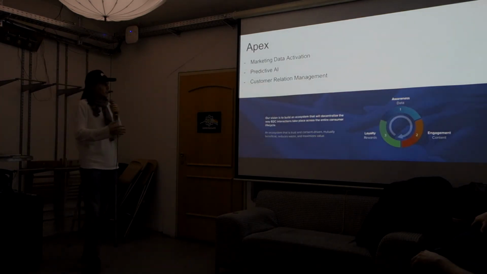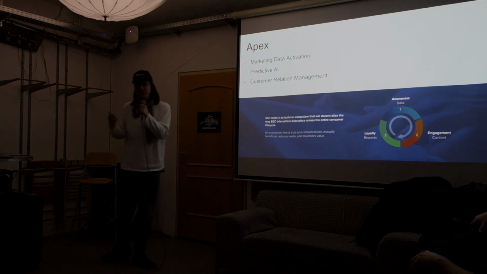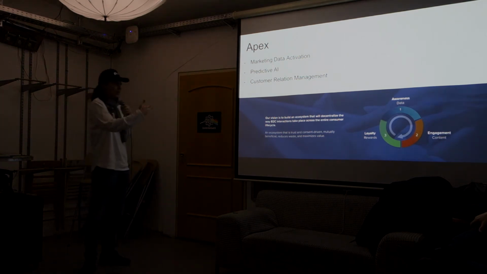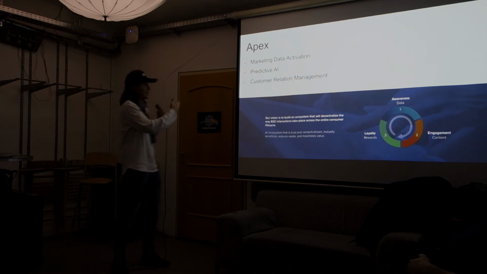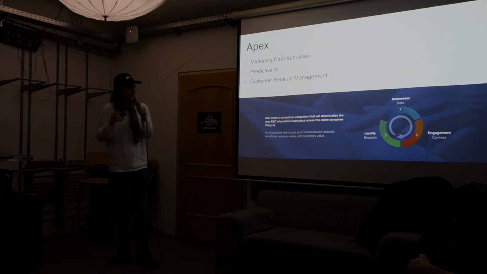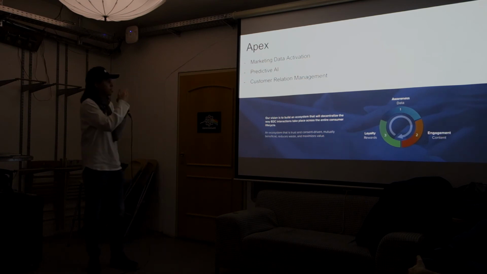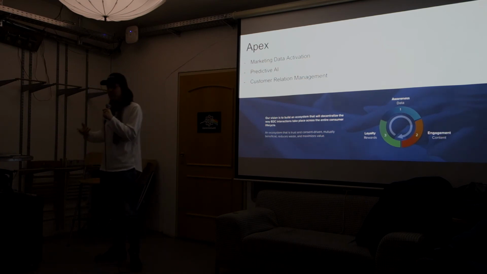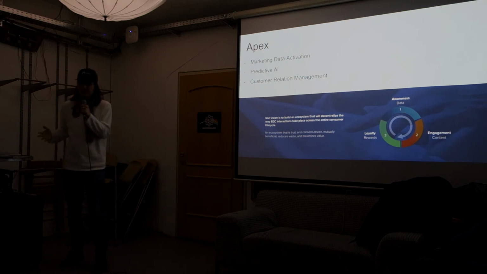Then there's Apex, an existing company which is now doing a decentralized implementation of their platforms. Apex is, I believe, also Chinese originally. Apex is marketing, data activation, predictive artificial intelligence and customer relations management.